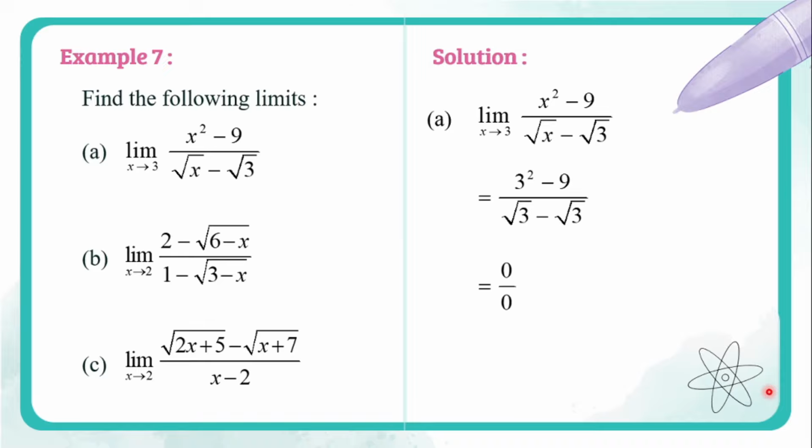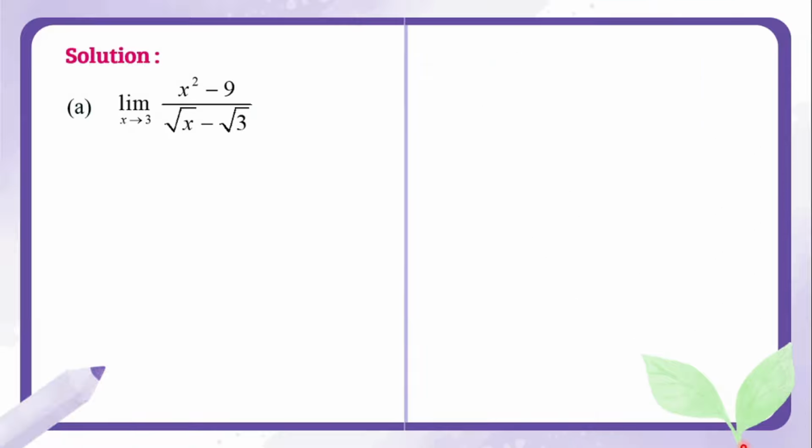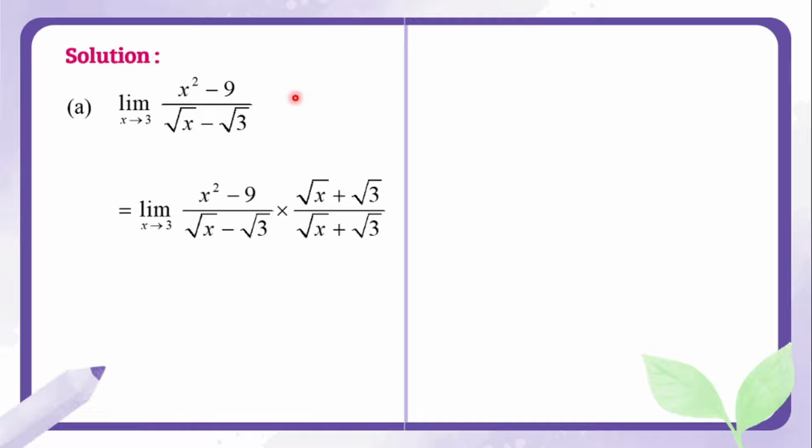So if we get 0 over 0 and the fraction has a square root, we know we need to use the multiplication of conjugate method. Since the denominator has a square root, we multiply both the numerator and the denominator by the conjugate of the denominator, that is √x + √3.